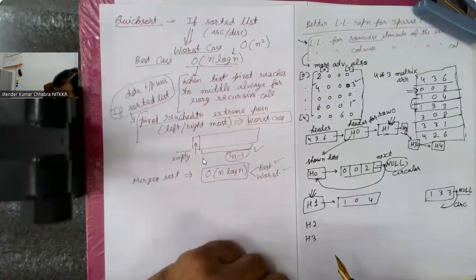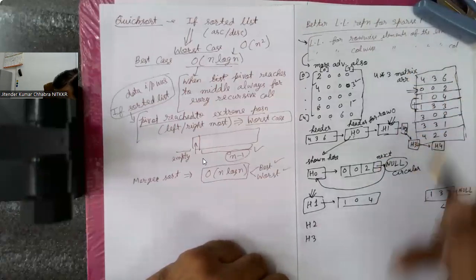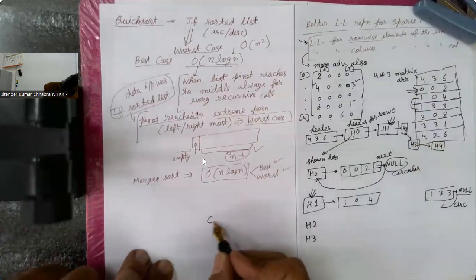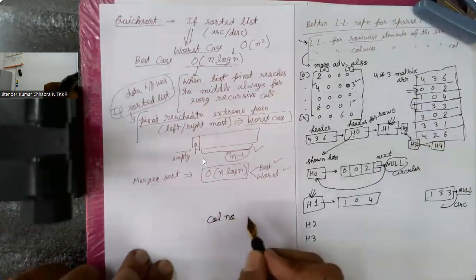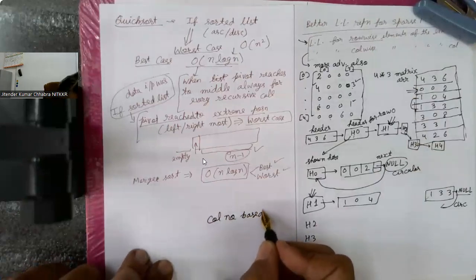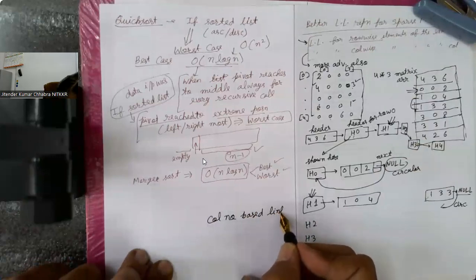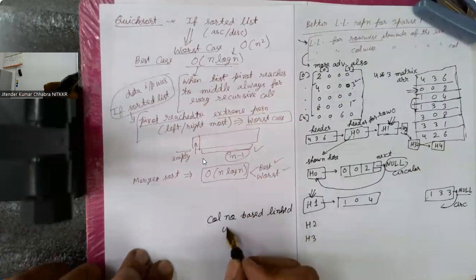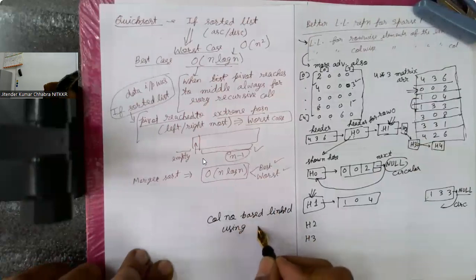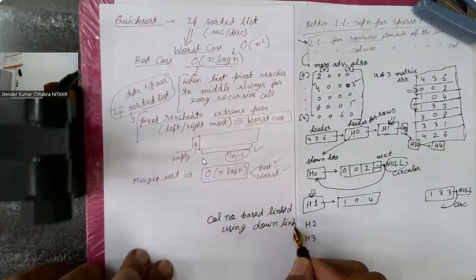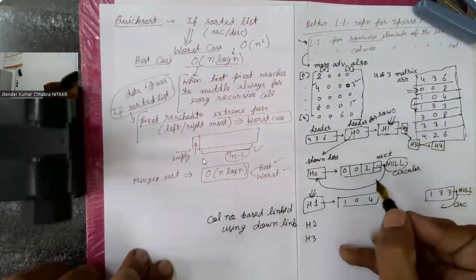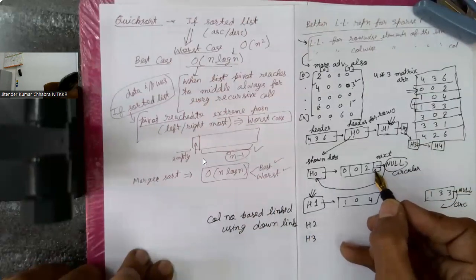But not only that, I say they are connected with column number based linking also established using downlink. Downlink means each of these nodes has a downlink also.